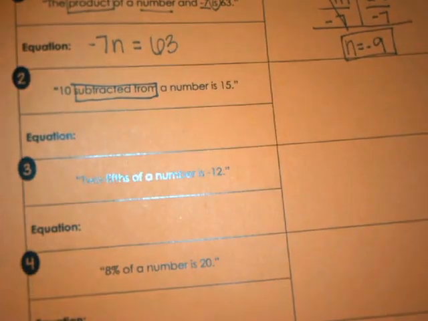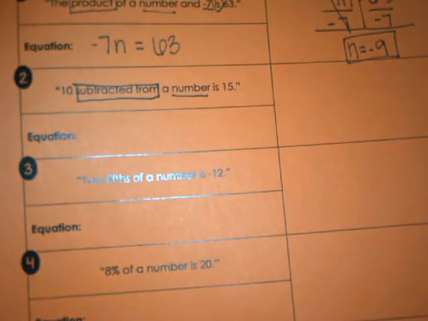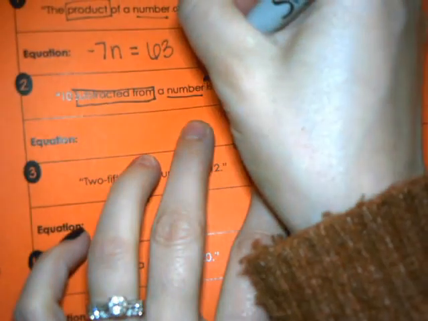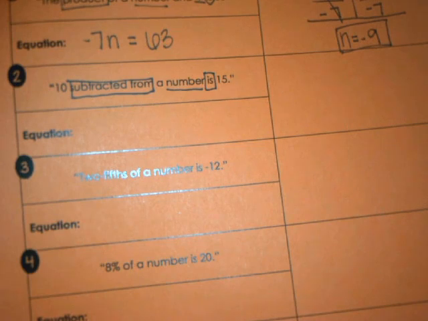Okay, I'm not going to circle number, but I am going to underline number. But then my other keyword that I should circle, we've said it, is what? Is. I almost always start with the is because that gets rid of one of my numbers right away and gets rid of part of the sentence.